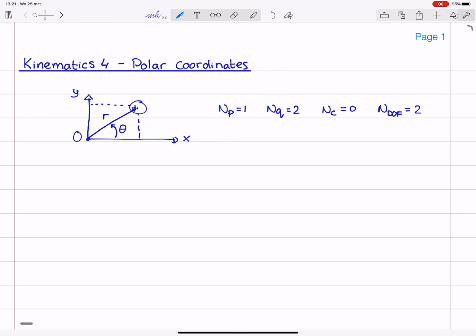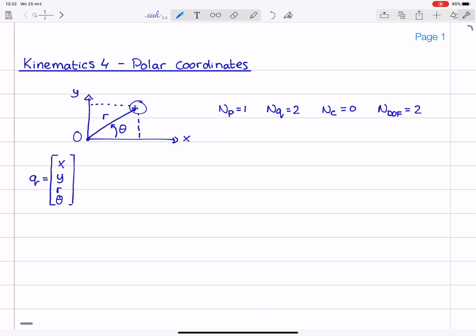Now, if we are to introduce these additional coordinates, this would mean that the total set of generalized coordinates q of this problem now consists of our original coordinates x and y, but now also of r and theta.